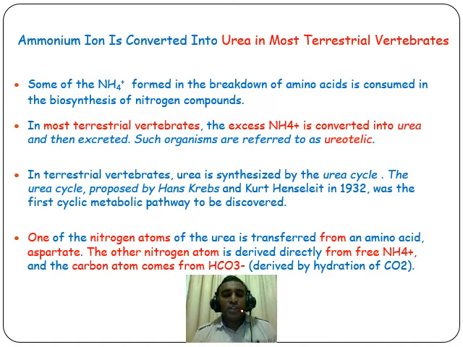The urea cycle itself is one of the three cyclic pathways that you have learned. The other two cyclic pathways are the Krebs cycle as well as the Calvin cycle. Interestingly, the urea cycle was also discovered by the same person, Hans Krebs.